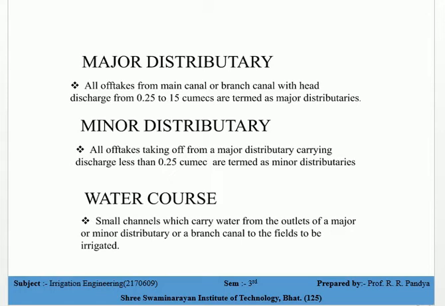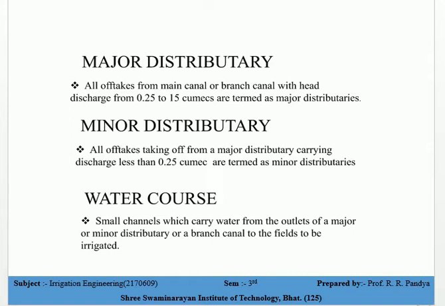All offtakes from the main canal or a branch canal with head discharge from 0.25 to 15 cumecs are termed as a major distributary. You can see here that instead of 15, in some books it is up to 25 cumecs that is considered a branch canal.